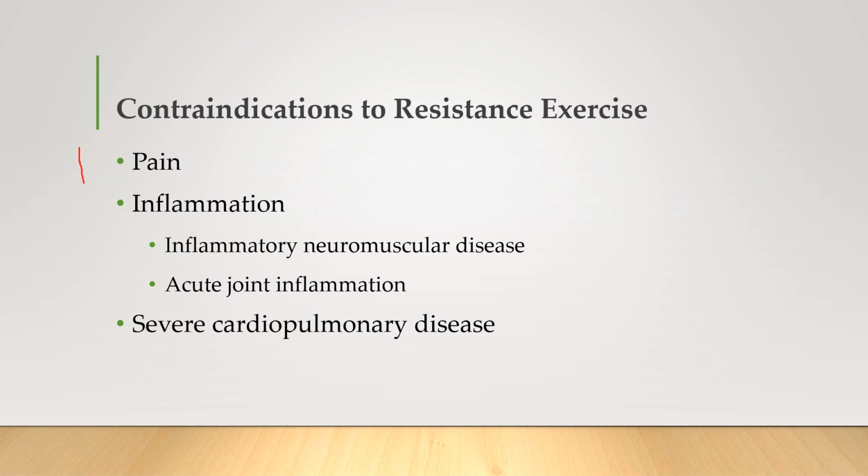As far as contraindications go, you should be aware of these ones here. Are patients going to be in pain coming into physical therapy? Yes, but resistance exercise should not increase their pain. That's what we're looking at.